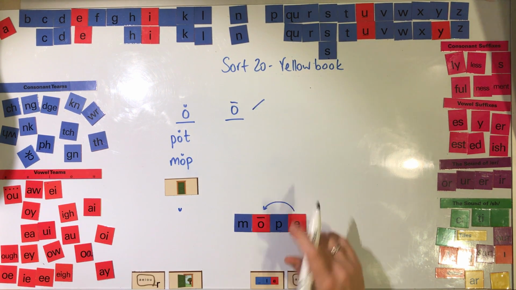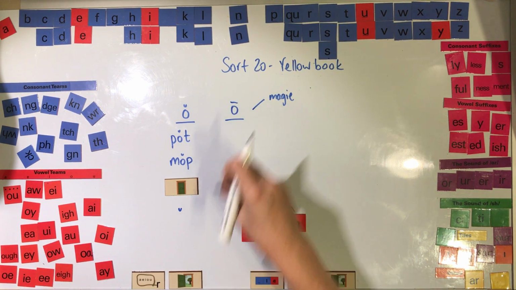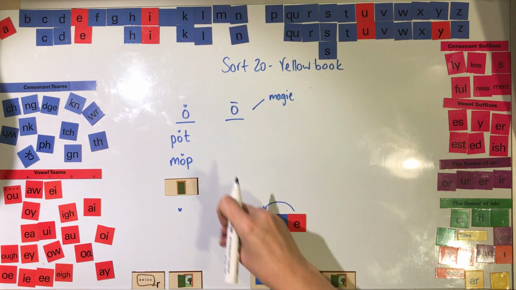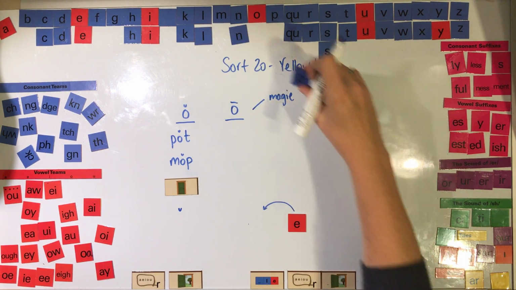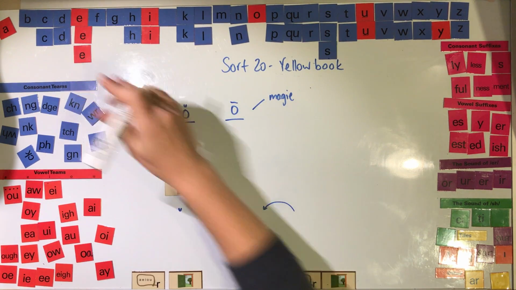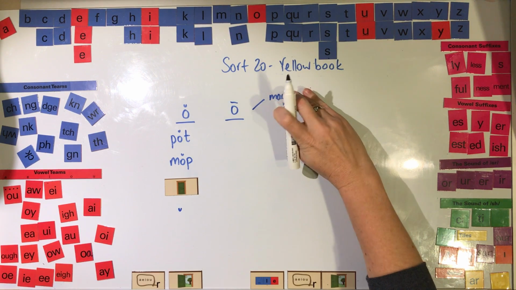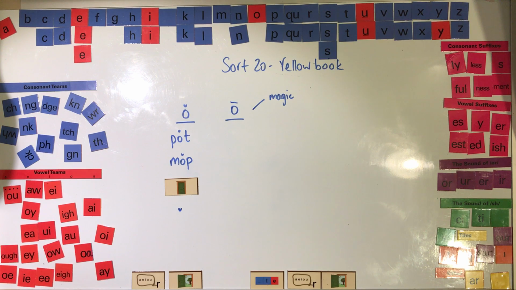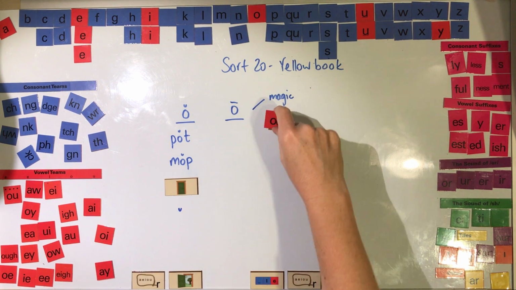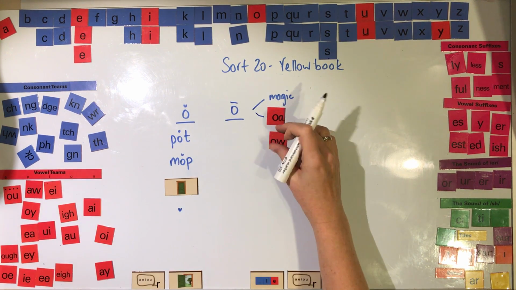So we've got magic E as the first method to make O say O. Okay, now we've got two vowel teams, just like we had with A. We have got two vowel teams that make the O sound. So we've got OA and we've got OW.